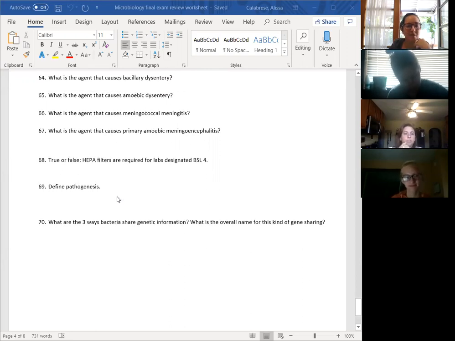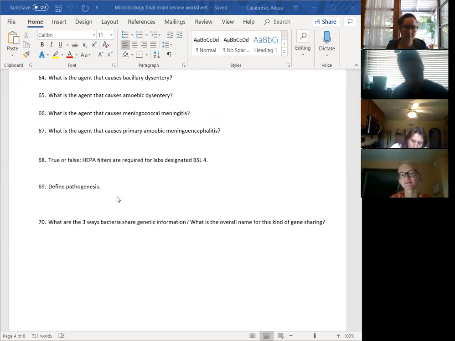How do bacteria share genetic information? Horizontal gene transfer. Very good. Since they reproduce by binary fission, they're essentially just making copies of themselves, so they don't have the benefit of sexual reproduction in order to switch genes around.